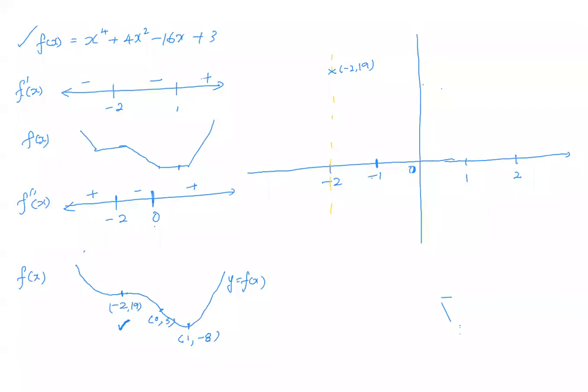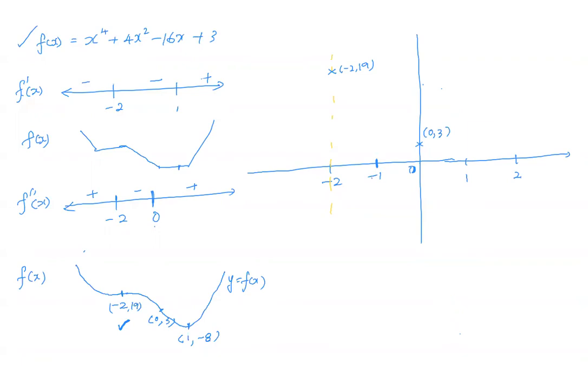That is my horizontal inflection point. Then it changes shape at 0, 3. So if this is 19, 0, 3 will be around here. Then it turns at 1, -8.